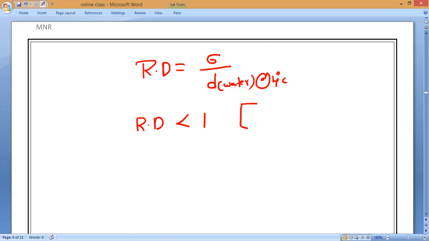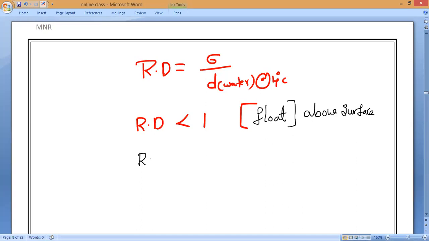Float, sir. The object will float. All of you should remember. If it floats, where? Above the surface or below the surface? Above the surface. That is what you have to remember.